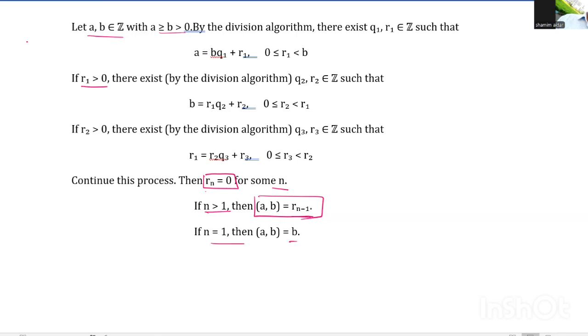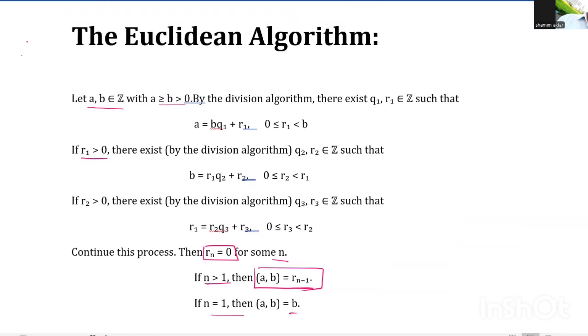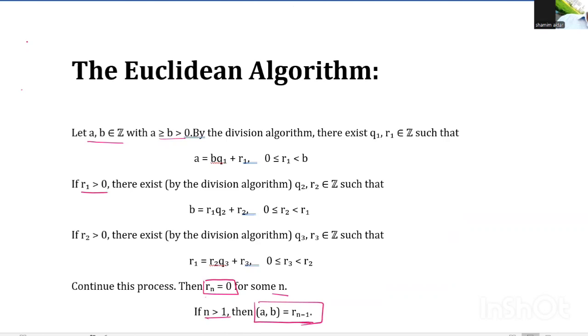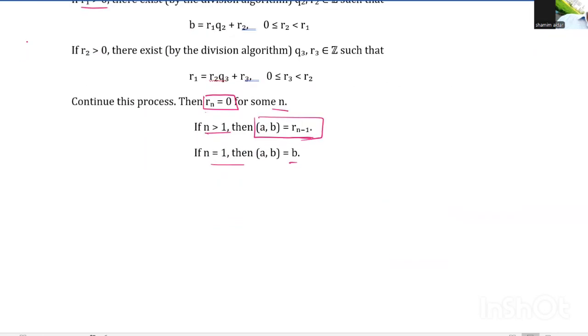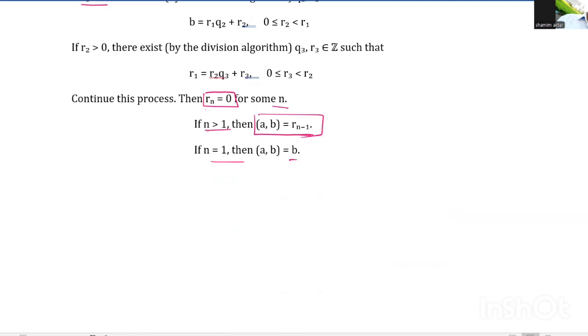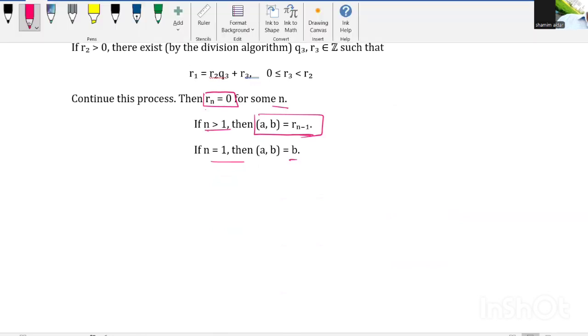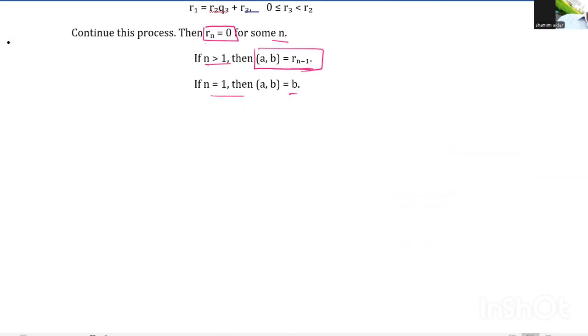Now how do we apply this result for integers a and b? Suppose two integers, 803 and 154.